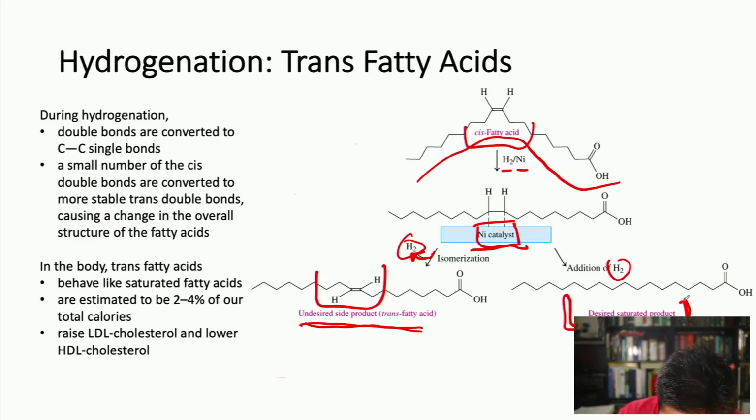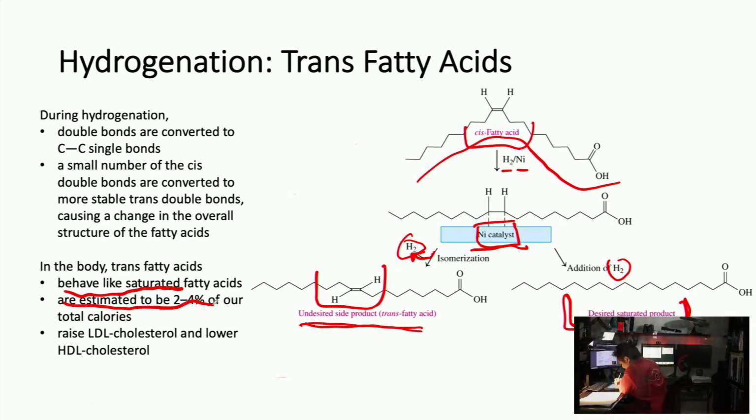So in your body, trans fatty acids actually behave like saturated fatty acids, and they're estimated to be 2 to 4% of our total calories. But the problem with trans fatty acids is that they raise the LDL cholesterol.